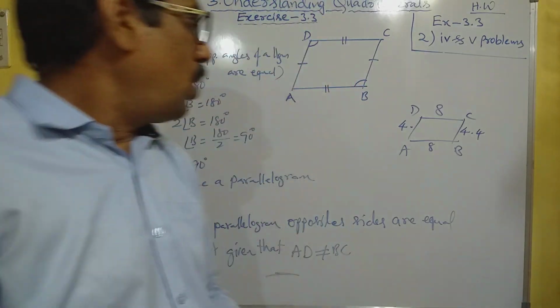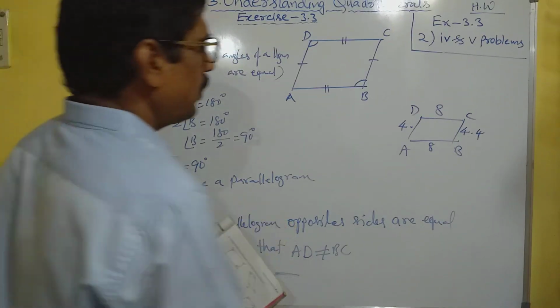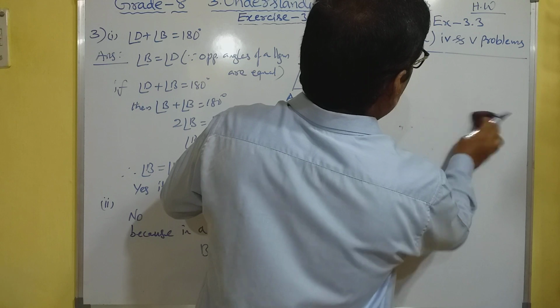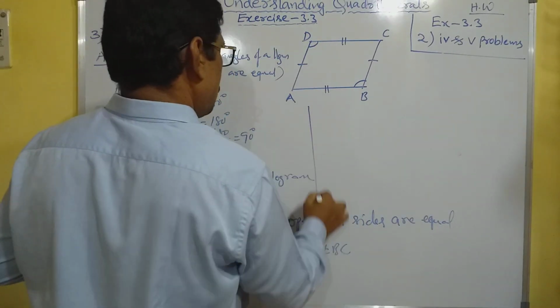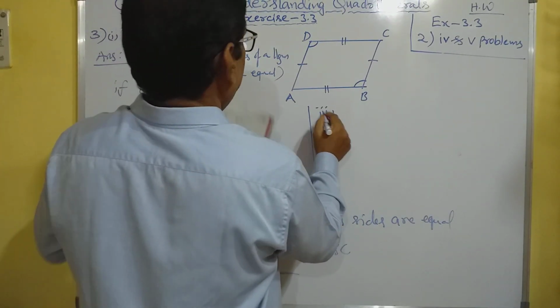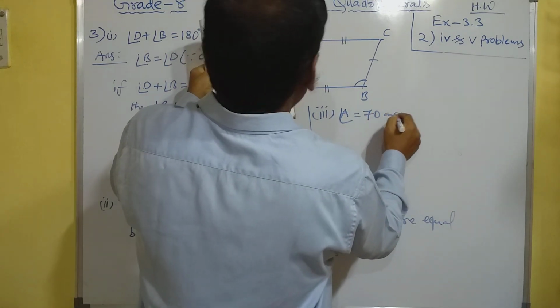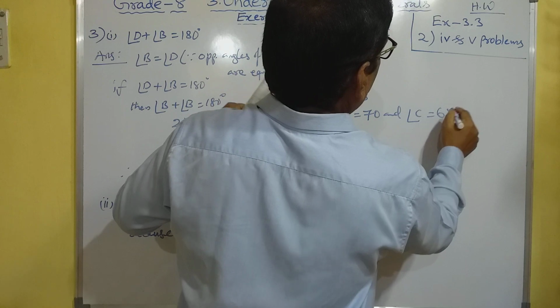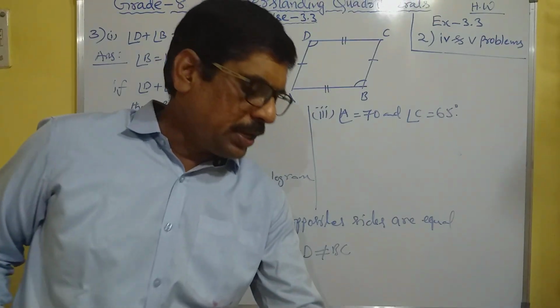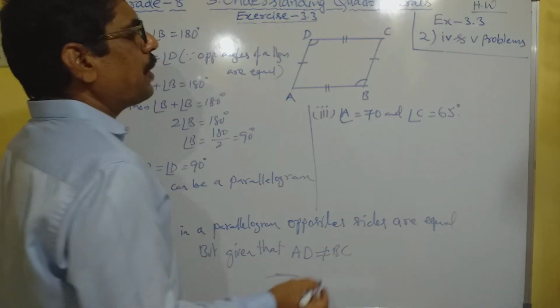Now we have one more problem, the third one. What is given? Angle A is equal to 70 and angle C is equal to 65. Do you agree? So will you get a parallelogram?